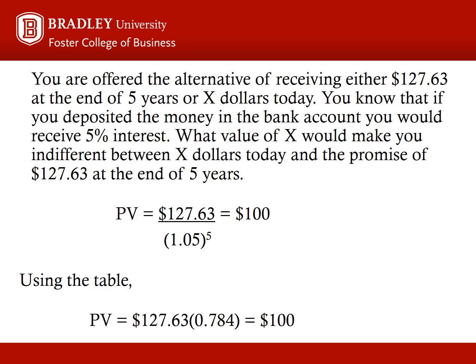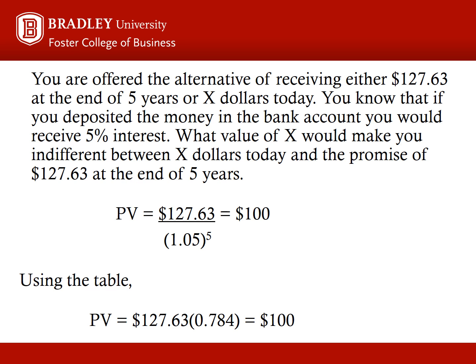If you were to receive instead a lump sum, this is basically very similar to that lottery opening problem that I had. If instead you were given some lump sum, what lump sum would make you indifferent between receiving the X amount of dollars today or the $127.63 5 years from now?